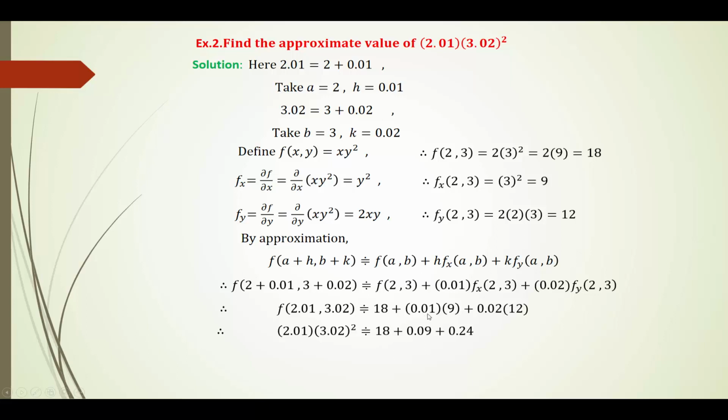Now 0.01 into 9 is 0.09 plus 0.02 into 12 is 0.24. The sum of these two terms, 0.09 plus 0.24, is 0.33, so it is approximately equal to 18.33, which is the required answer.